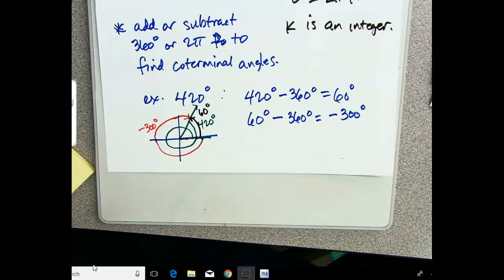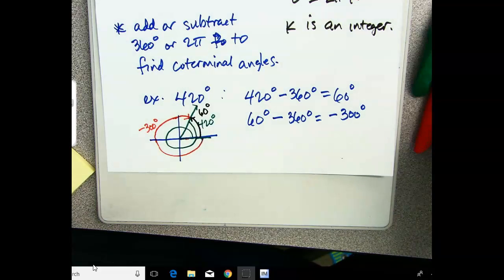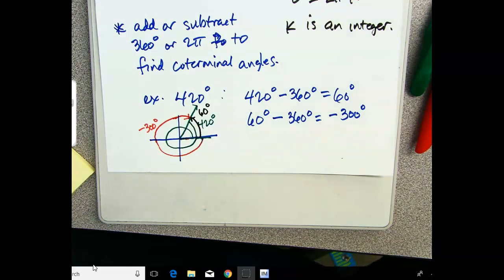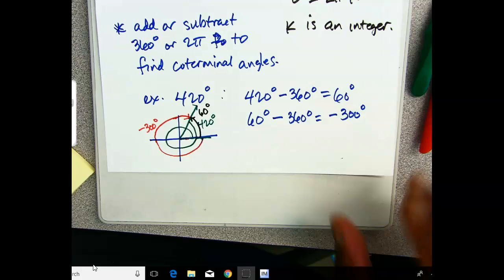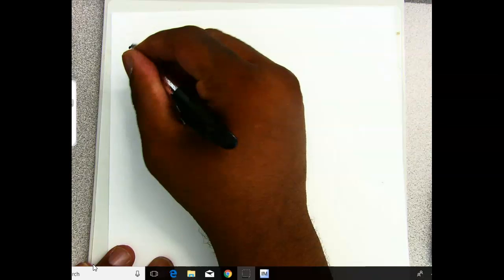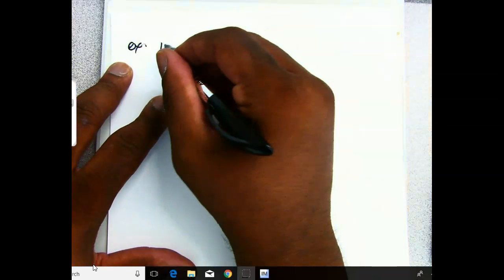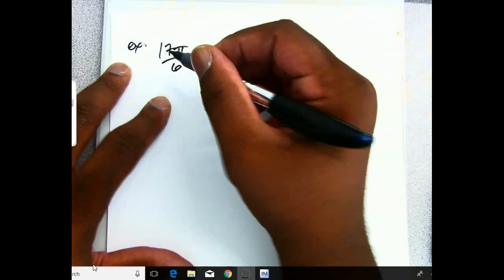All right, now here is the part where, not tricky, when we get coterminal angles in degrees, it's a little easier for us to add and subtract 360. But what if your angle is given to you in radians? I'd like a positive and a negative coterminal angle for 17 pi over 6.